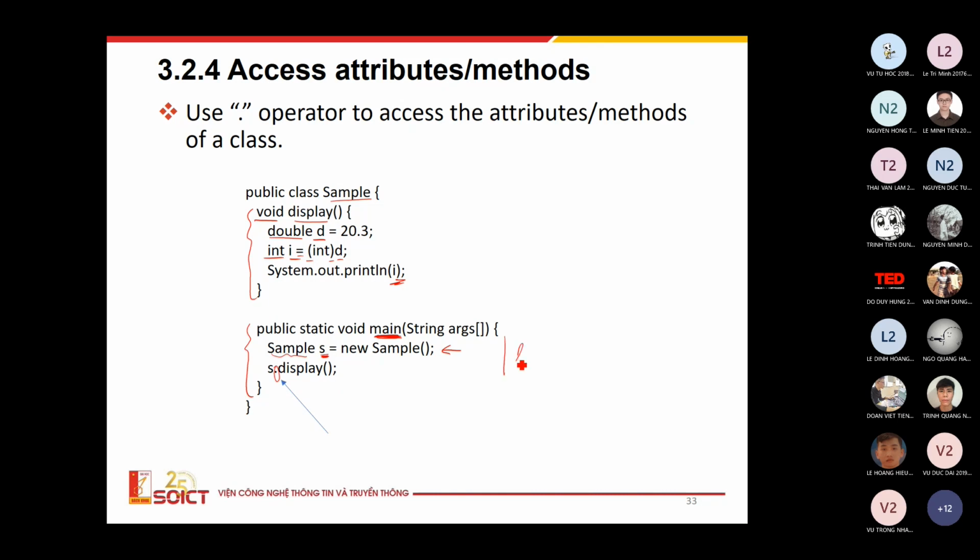For this, maybe later I will analyze it for you more clearly. Just to introduce, the point operator is used to access the attribute or method.